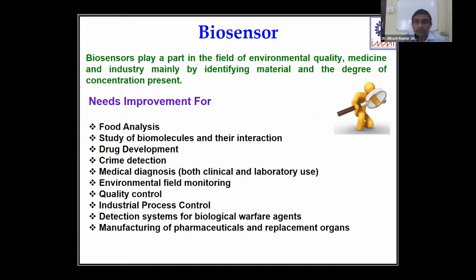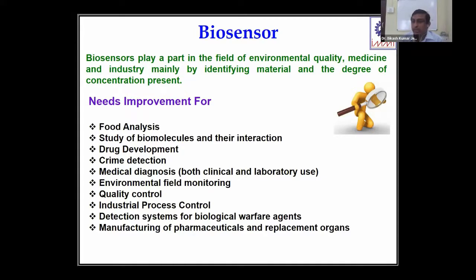A lot of work is going on. Whatever biosensor you develop, it needs to have a lot of applications like food analysis, drug development, crime detection.